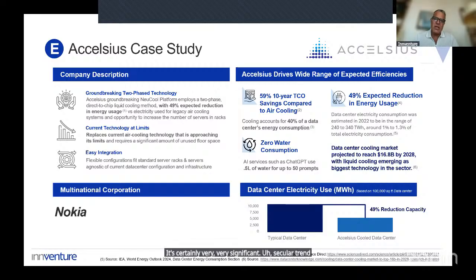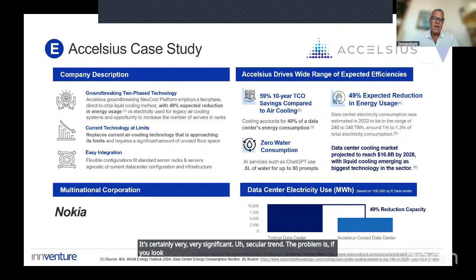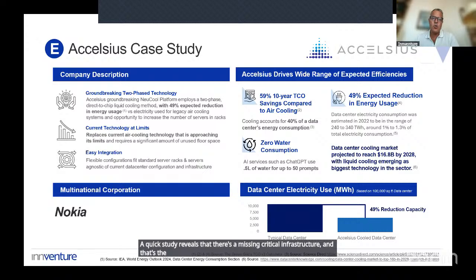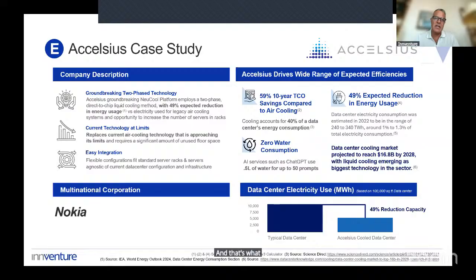A problem is if you look at the roadmap that NVIDIA has put out for the Blackwell and the Rubin, a quick study reveals that there's a missing critical infrastructure, and that's the infrastructure technology to cool that generation of chips. And that's what Excelsius is solving.